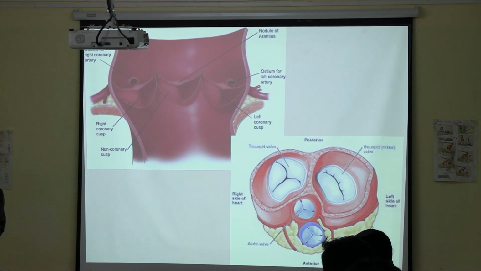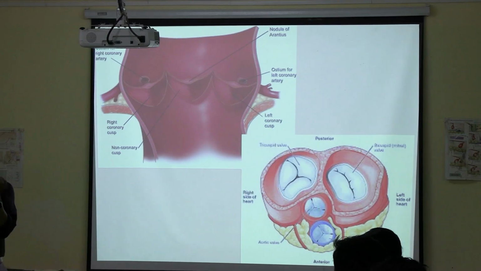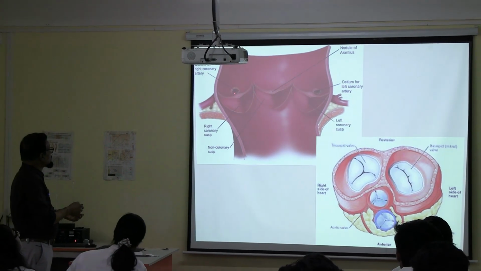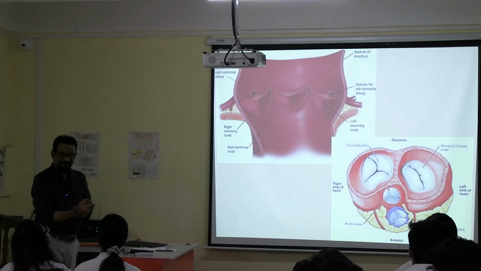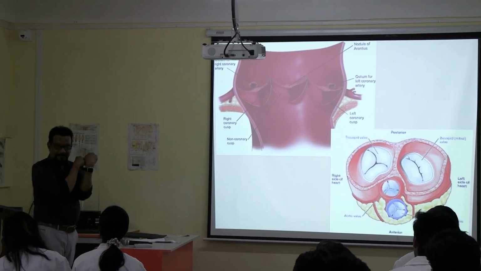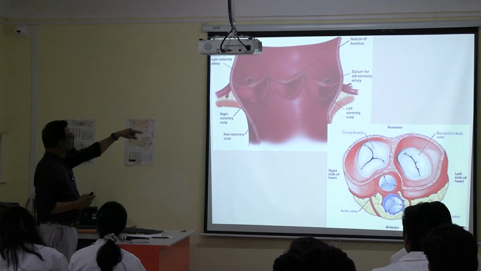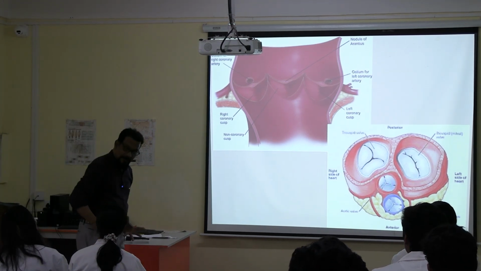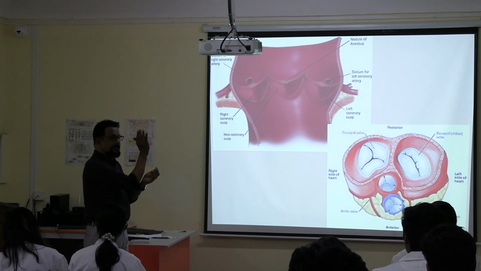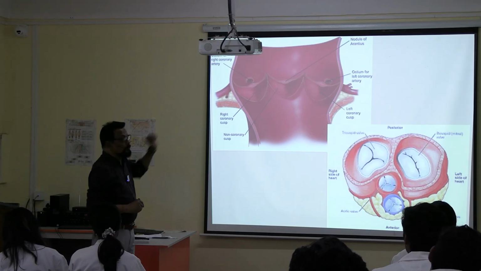So here is the wall. When they open, they tend to close this aperture, because this aperture is at the back on the wall. When these valves open and blood enters the aorta, the flaps come close to the wall, so they may cover these two apertures.